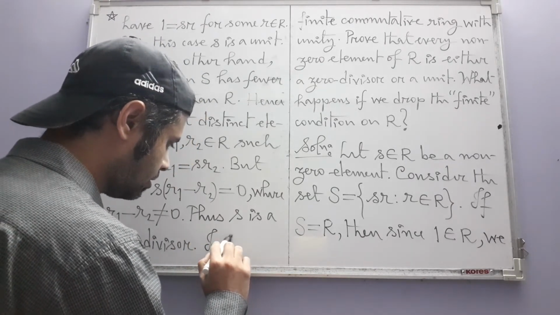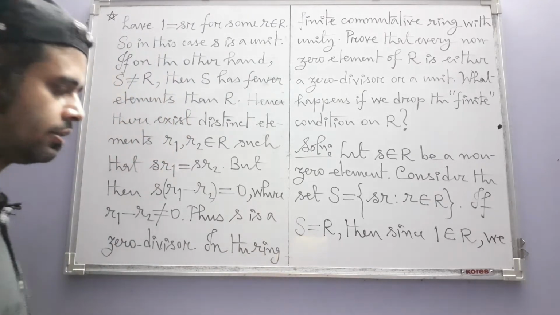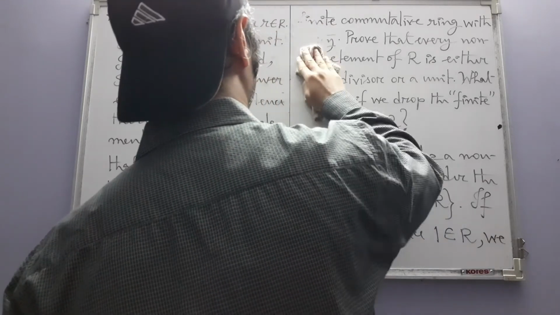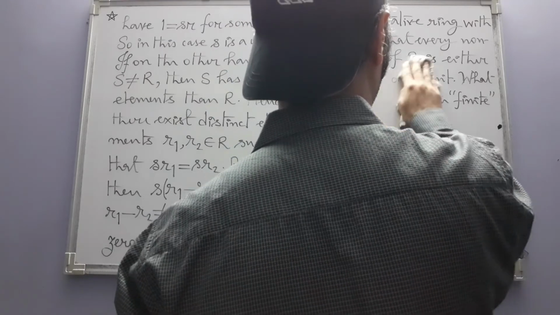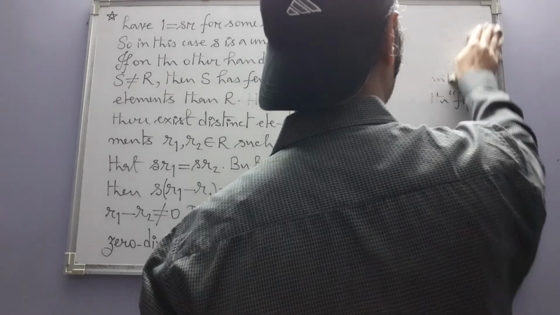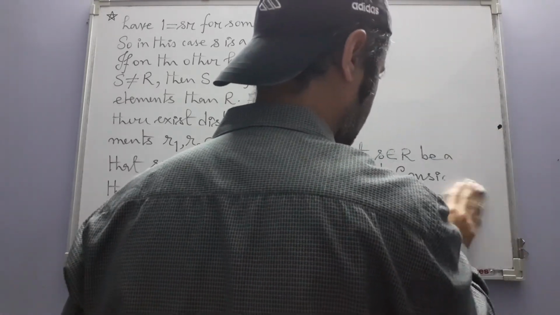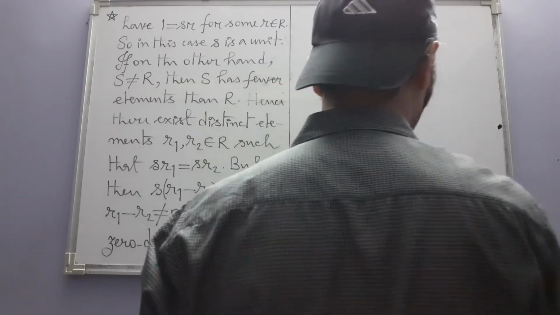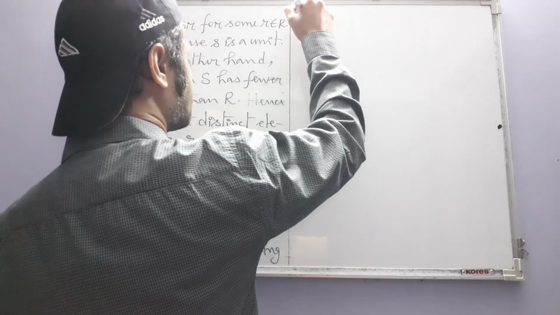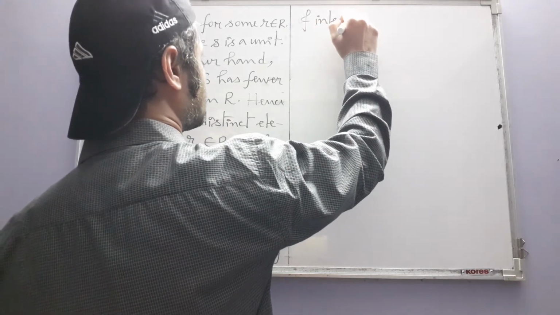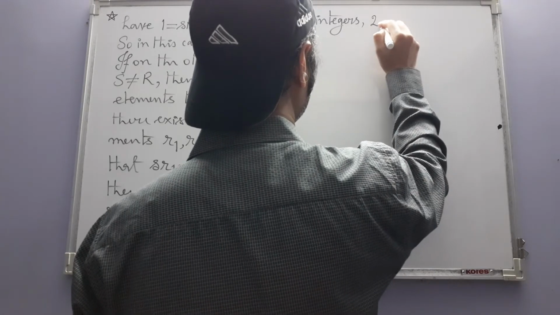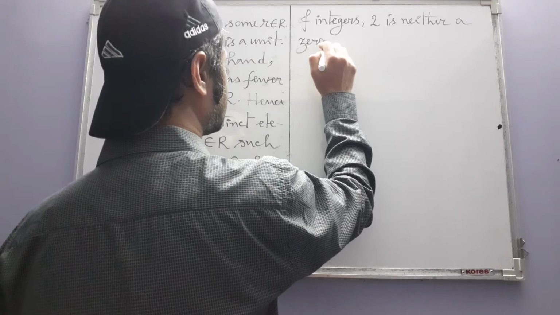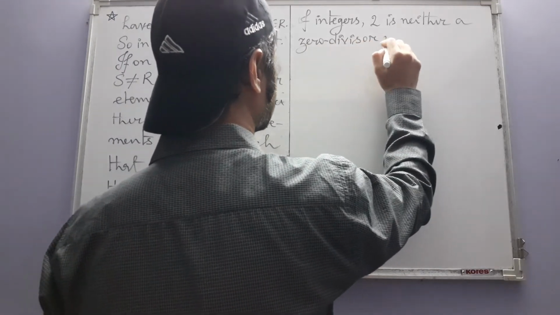So we write, in the ring of integers, two is neither a zero divisor nor a unit.